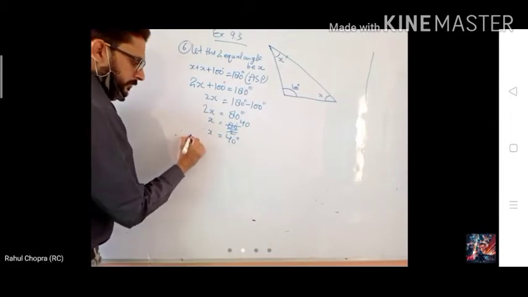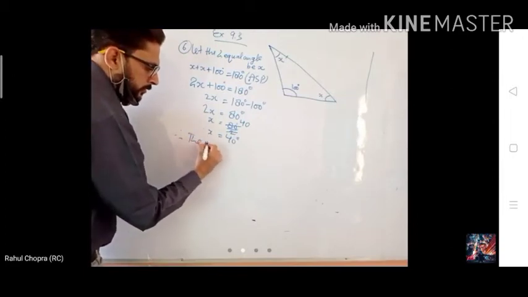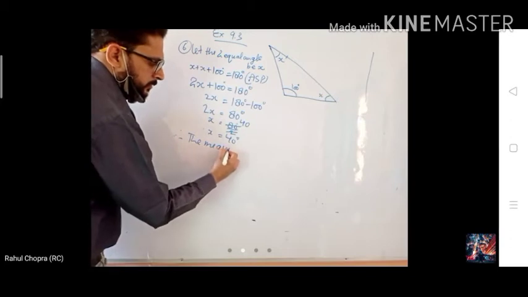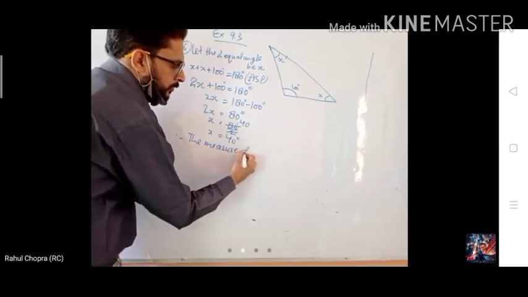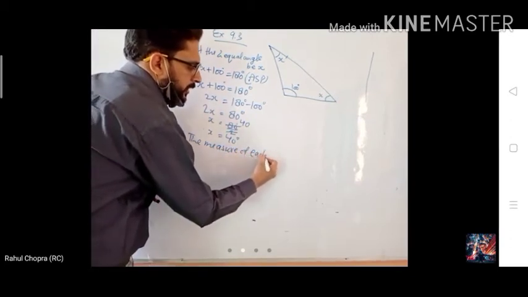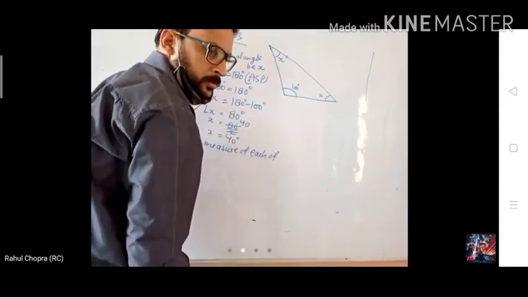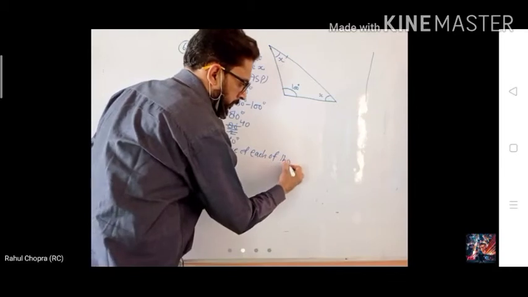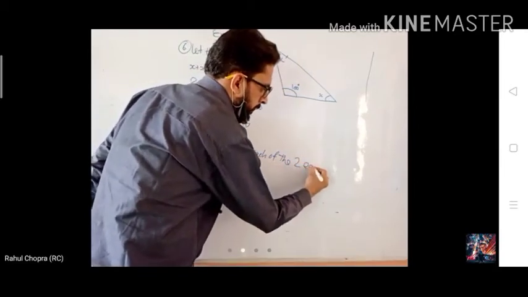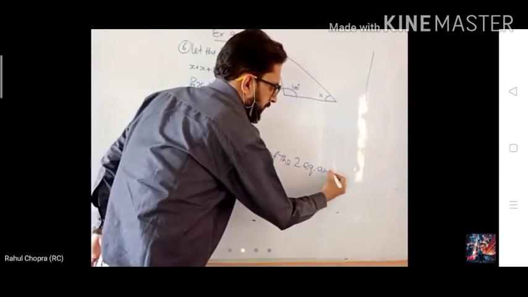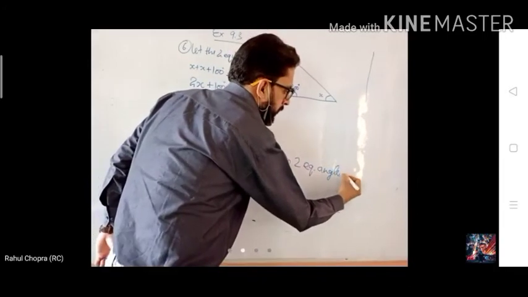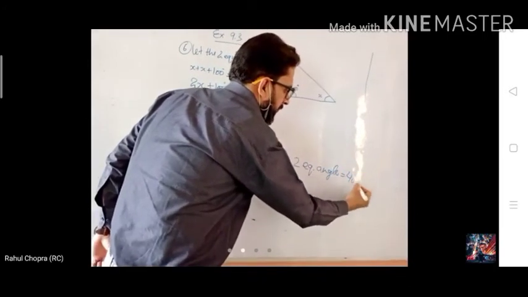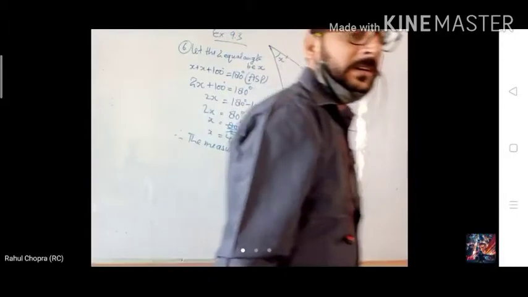Therefore, the measure of each of the two equal angles, how much? 40 degrees. This will be the answer.